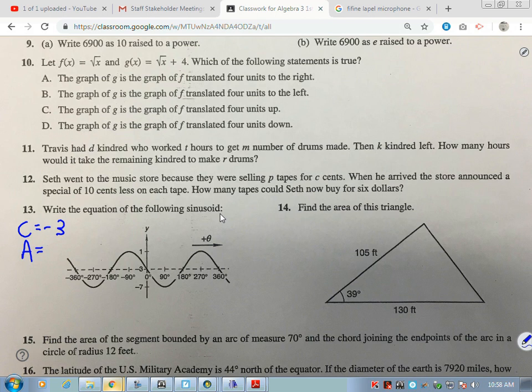It's actually, because we're going from -3 down to 7, it is -4. And it's just asking for the function of the sinusoid. What kind of function is this? Sine. And what are we using, x or theta? Theta. So my equation is y equals -3 minus 4 sine theta.